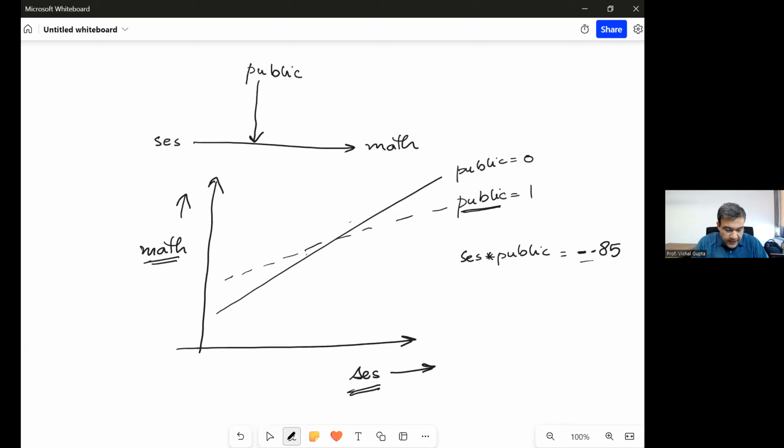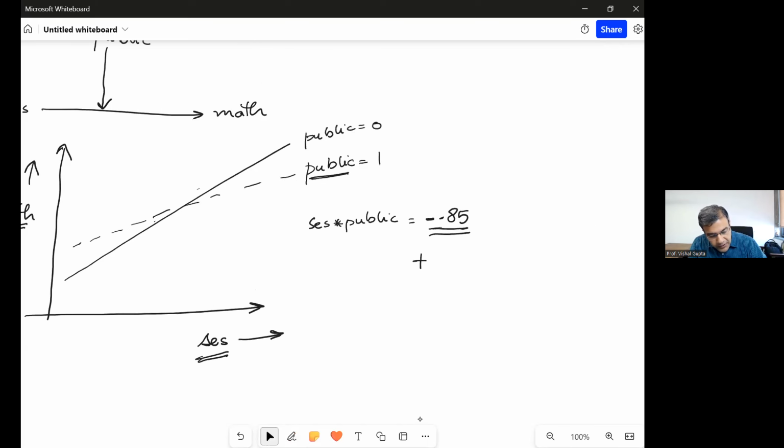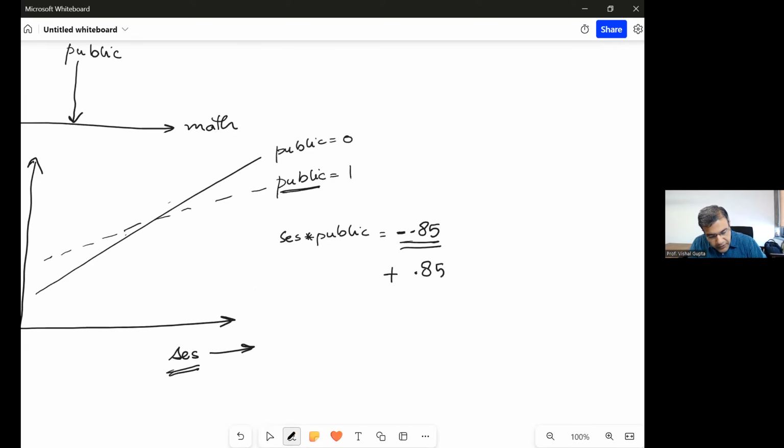Okay, it's a negative. Had it been positive, positive 0.85, you should have expected a graph like this, SES and then math. This is public is equal to 0.